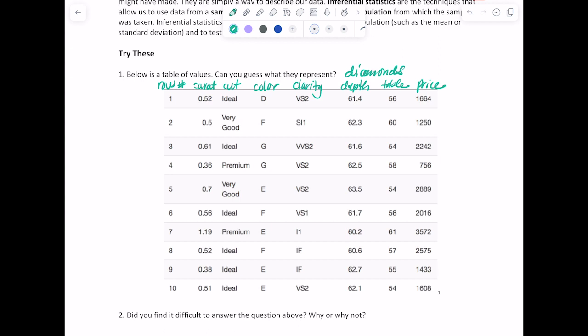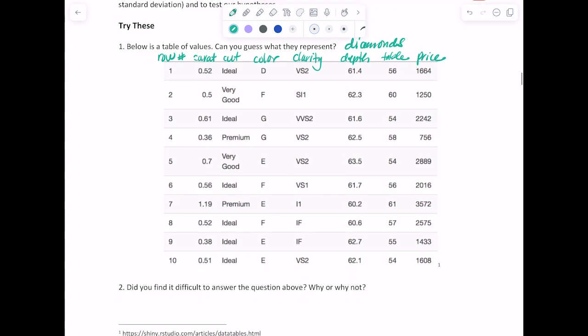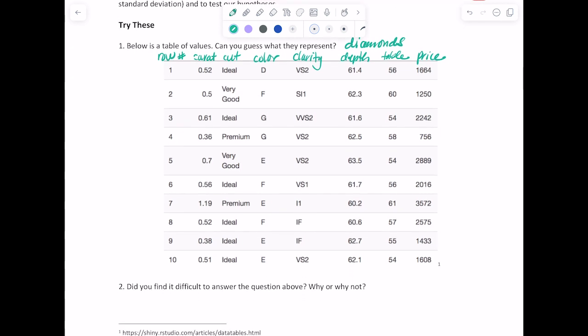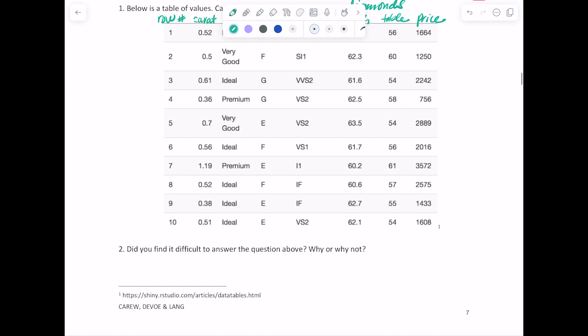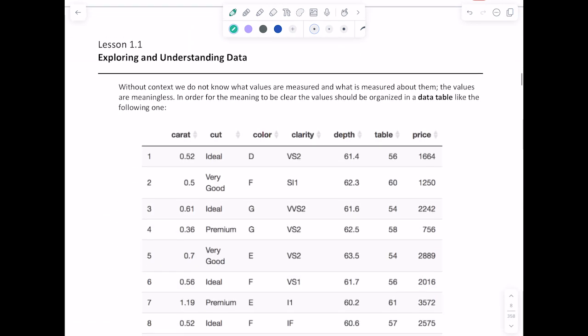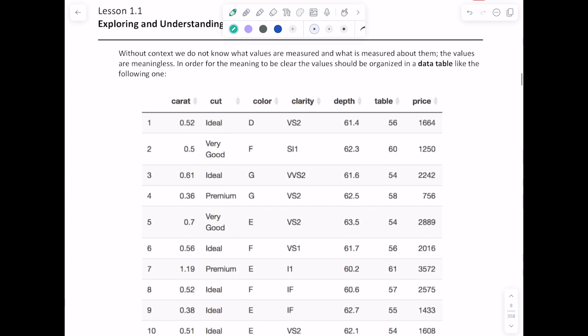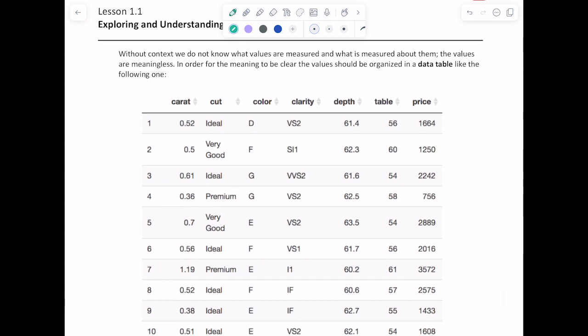Okay, so we would find it difficult to determine what those values represent because there's no context. Without context, we don't know what the values are measuring and what's measured about them.